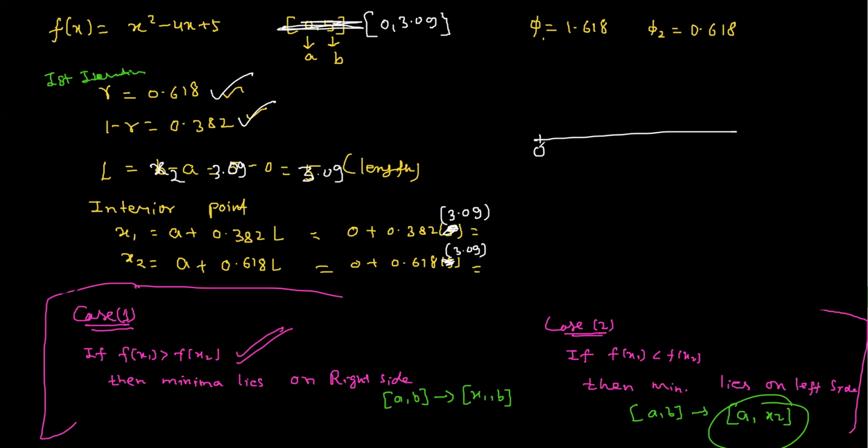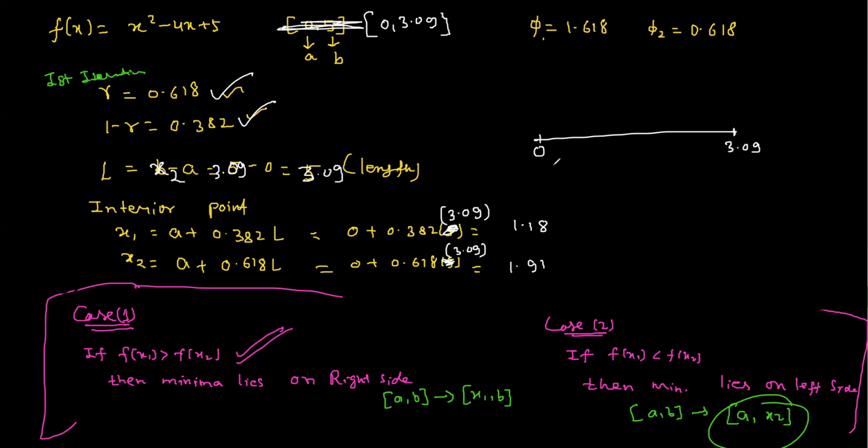Write here 0 and this is what? 3.09. No, you discard the right side, na? That's why in the second iteration you can draw this from 0 to 3.09. So I think you are getting 1.18, right? And 1.91.